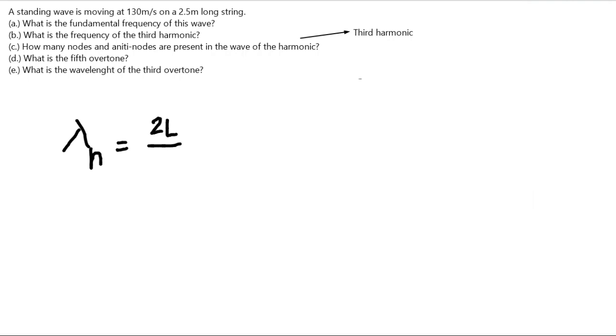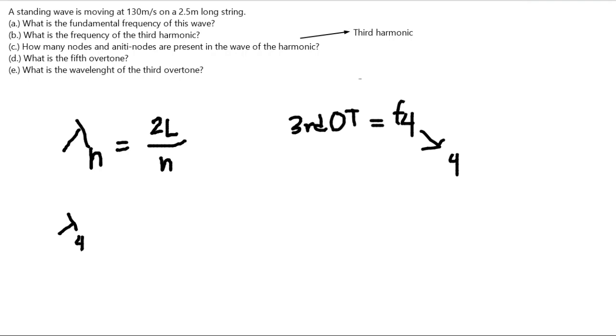Now let's go to part D. What is the wavelength of the third overtone? So we're going to use the fourth subscript, because the third overtone is also known as the frequency of the fourth harmonic, right? The subscript is 4. So we're going to use that. So 2 times L divided by 4.